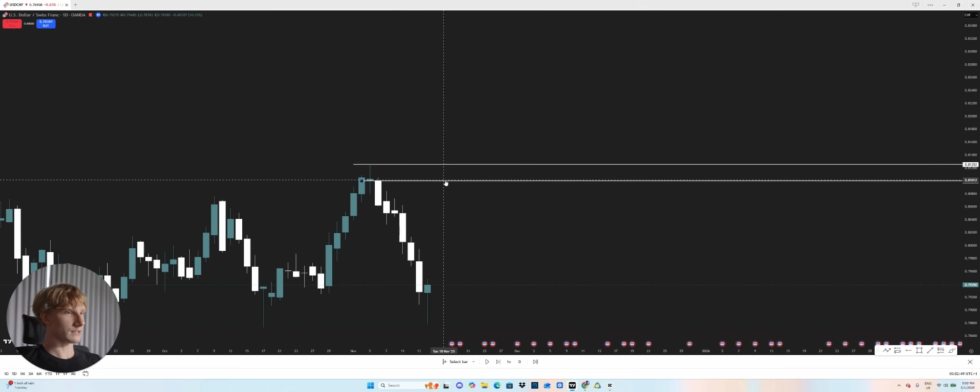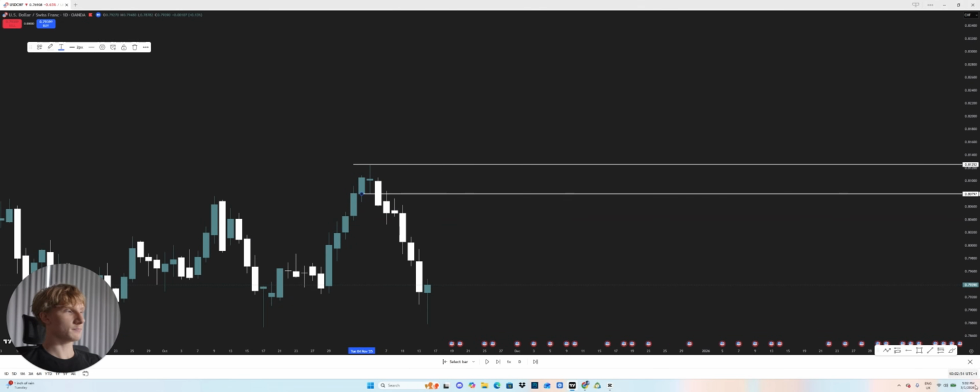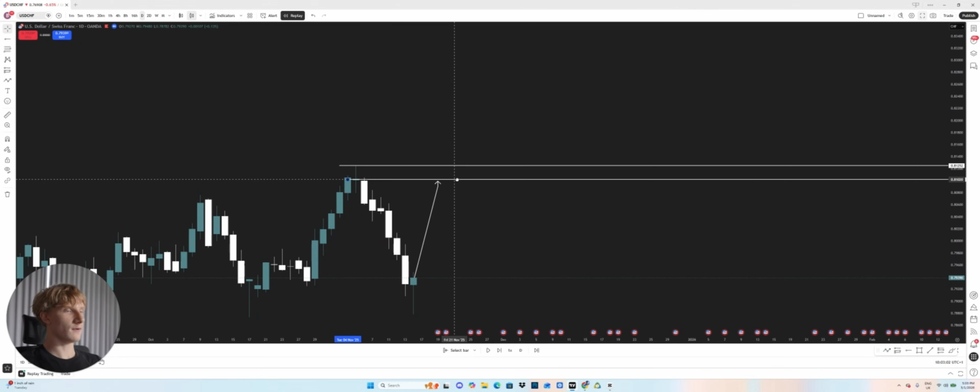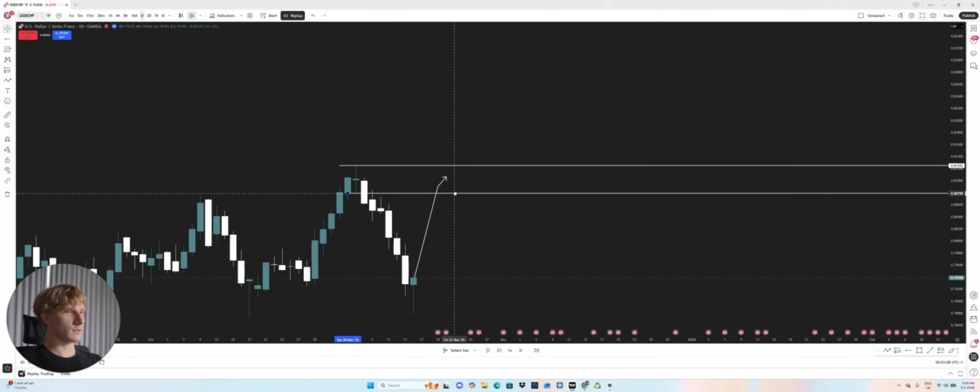Cool. Now, in this case, we can see that price has to travel very, very far in order to tap us into our preferred. Now, it probably makes sense to use the wider because price has to travel so far.